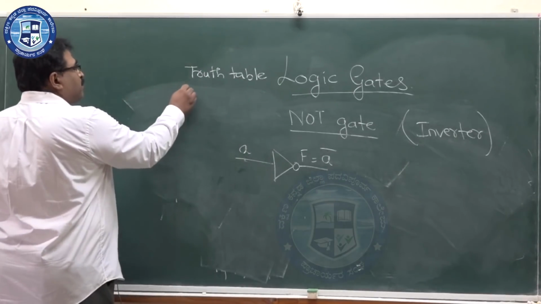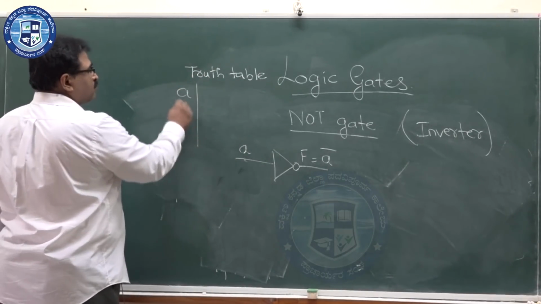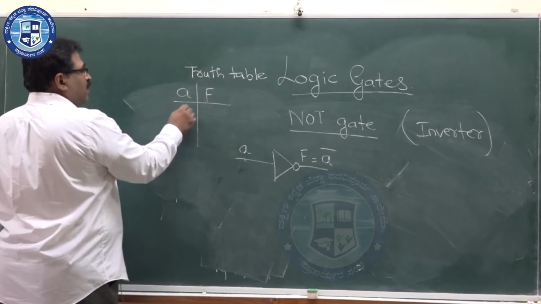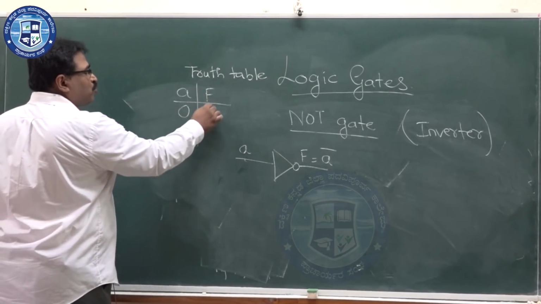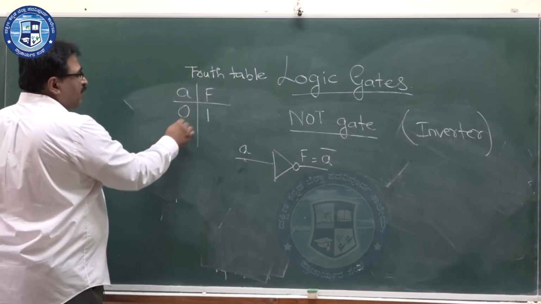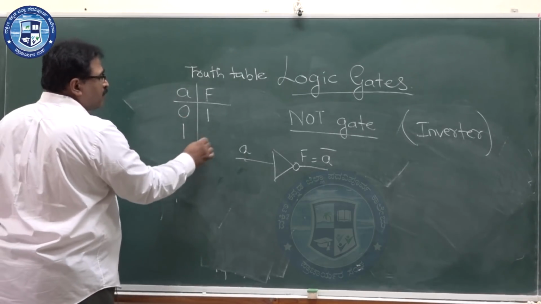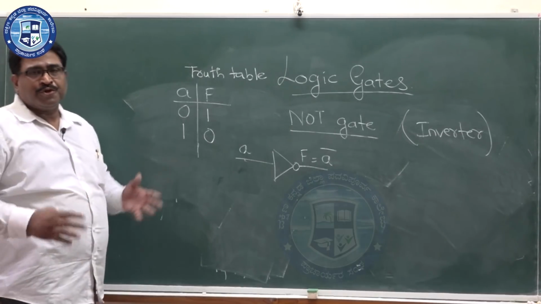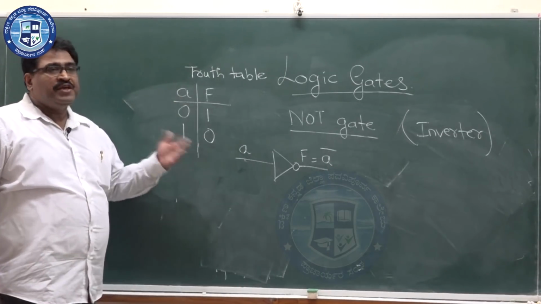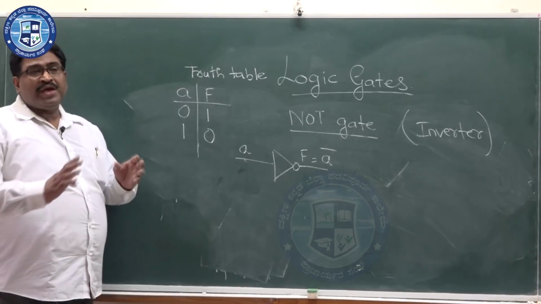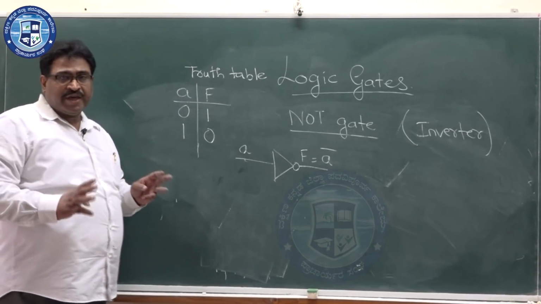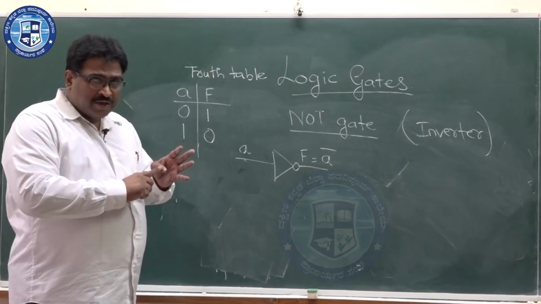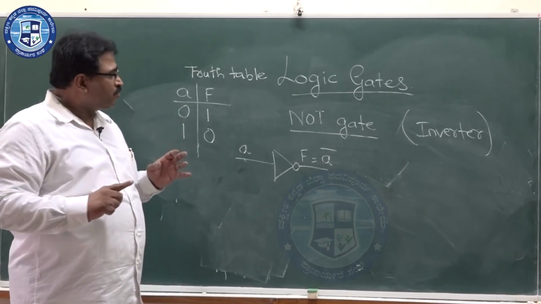So look at the truth table. If the input is 0, what should be the output? 1. If the input is 1, the output will be 0. So exactly the inverse of the input. That is what we can see here. So we have gone through three basic gates: AND, OR, NOT.